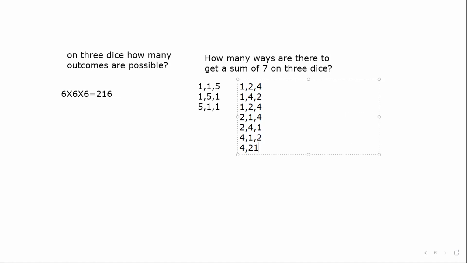So there's a total of 6 ways to get a sum of 7 from that group.